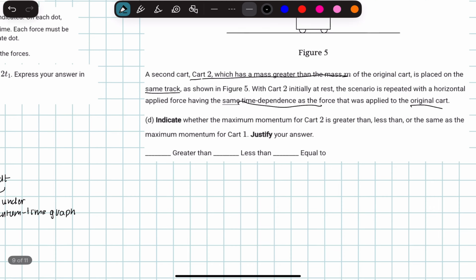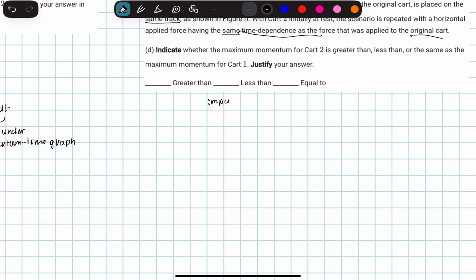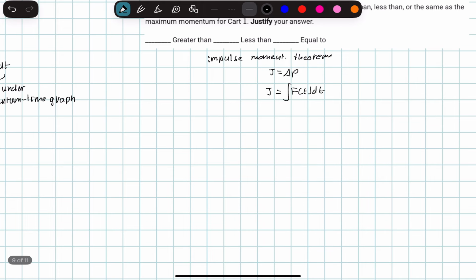So that means we can use the impulse-momentum theorem, which is that J is equal to delta P, and we know impulse J is the integral of F dt. So what this means is that it depends only on force and time, not mass.